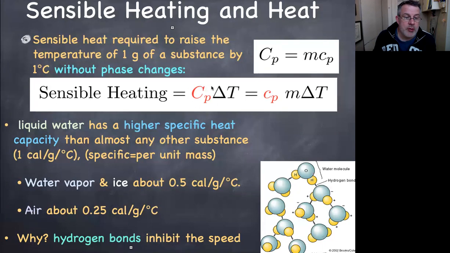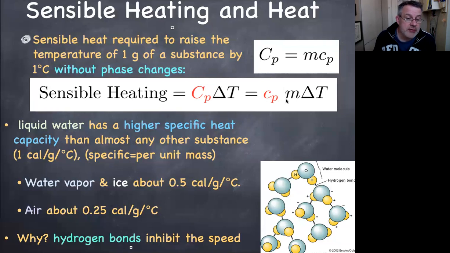There's the form that depends on the amount of the quantity, which we typically denote with a capital C_P. So the sensible heating, or the amount of energy, is related to the temperature with this specific heat. This is the specific heat of the total substance. And then the small c is the specific heat of the substance per unit mass.